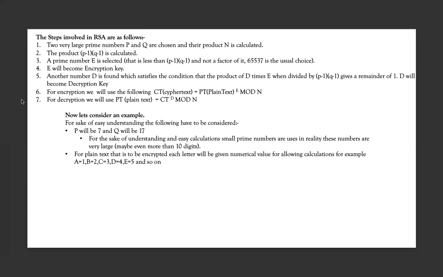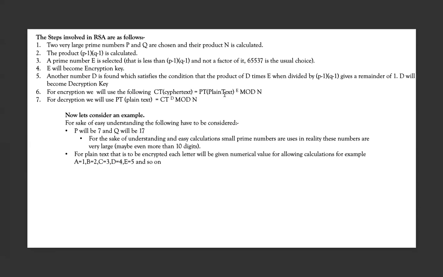So now that I have the keys, I'll be using an equation to perform the encryption. I need the encryption algorithm now. For encryption, we will use this technique. CT represents my ciphertext, or encrypted text, and PT represents my plain text. So how do I get my ciphertext?